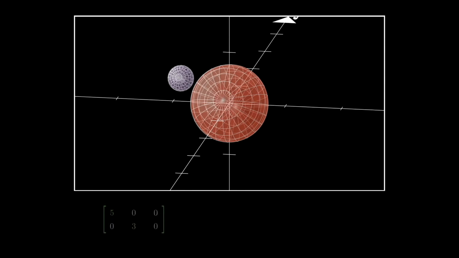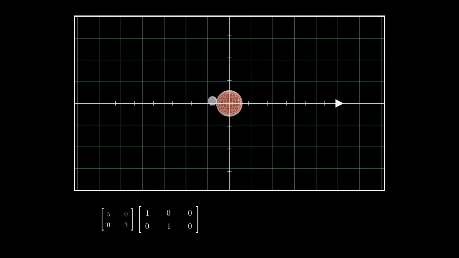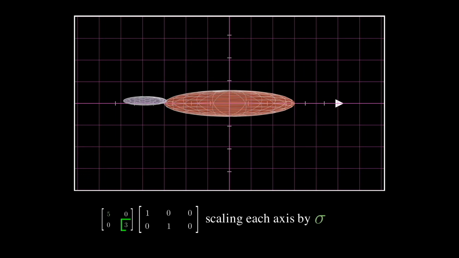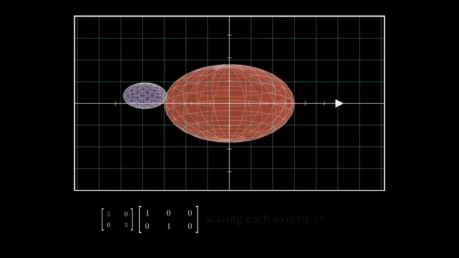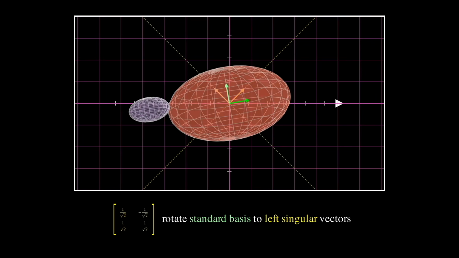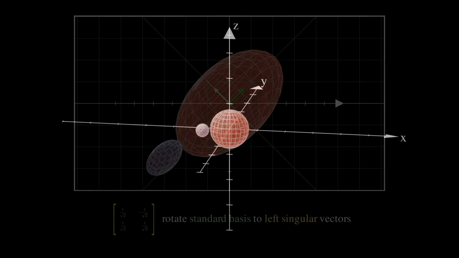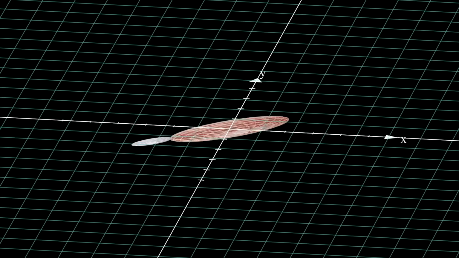Taking away the third dimension of a sphere in R3 makes it a circle in R2. Stretching uniformly along the x and y axis makes a circle an ellipse. And the final rotation still preserves the geometry of the ellipse, just changing it to a different position in R2. By no means was that a rigorous proof, but certainly some intuitions.